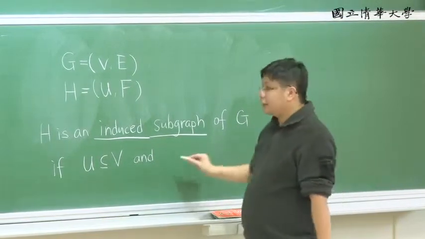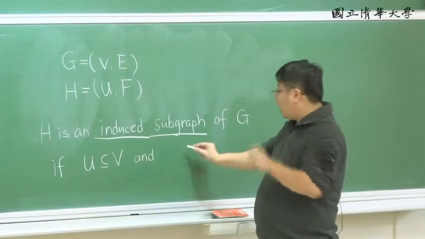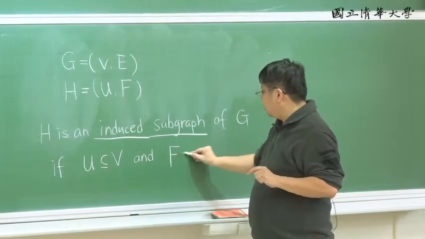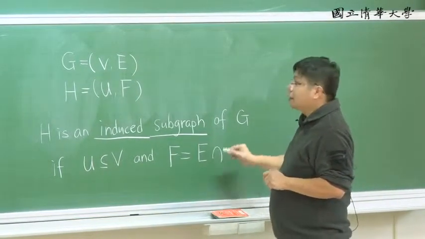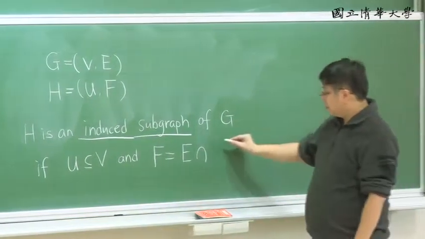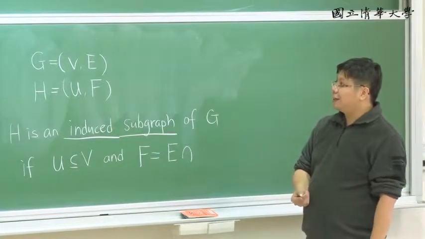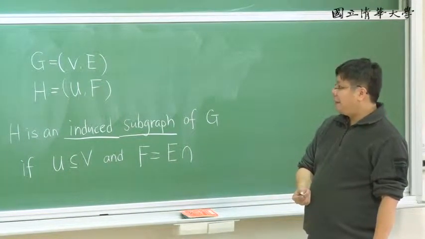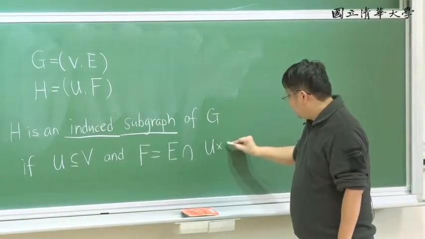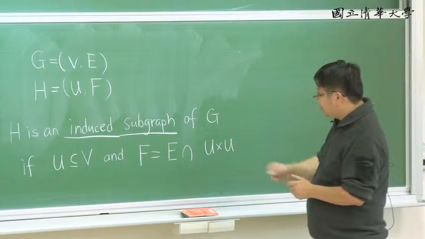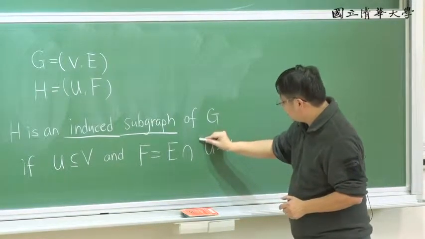Okay, but then this is the strange condition. But then F is equal to E intersect... we haven't talked about Cartesian product, but okay.